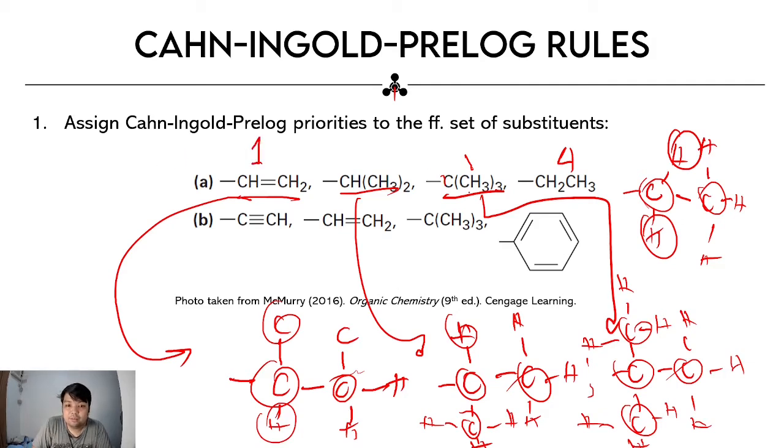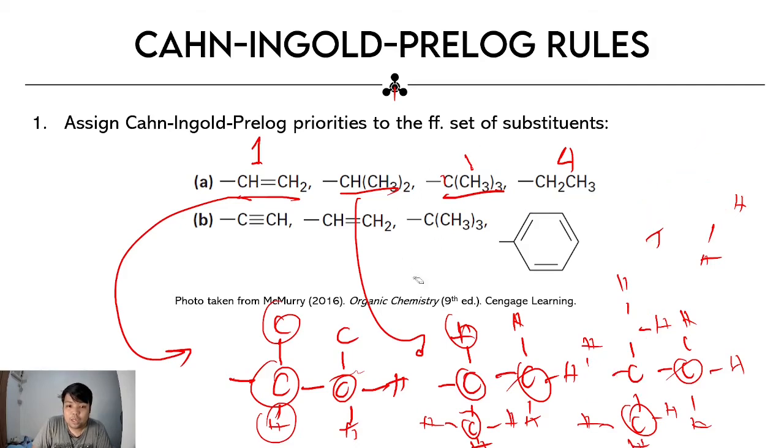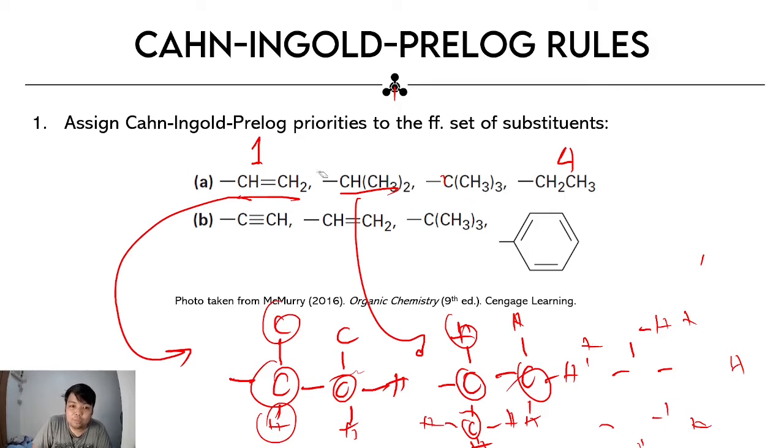Okay, so we're done here, so we can delete this one. So we just need to figure out which is priority number 2 and priority number 3.